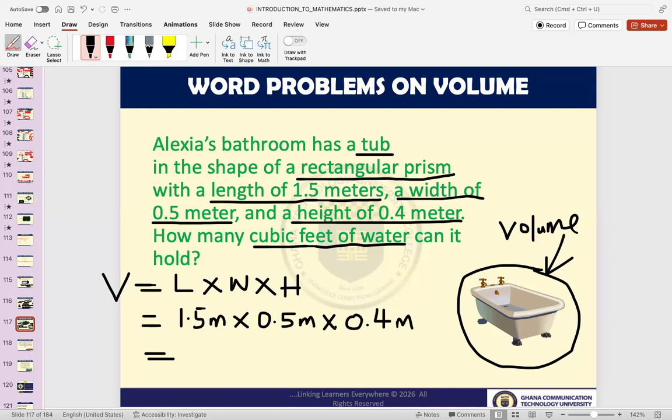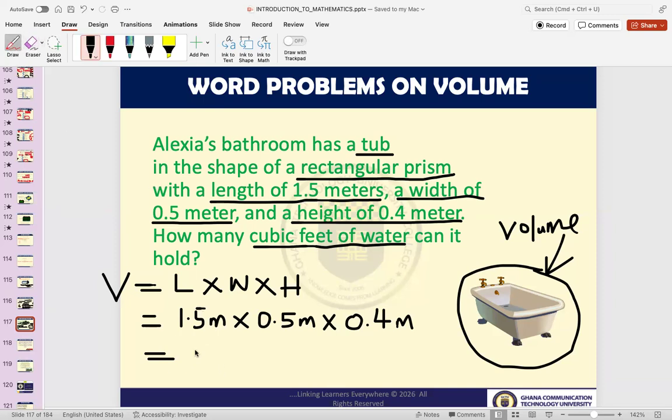Abraham, what are you getting? Or anybody? 1.5 by 0.5 by 0.4. What are you having on your calculator? So I have 3 over 10. Yes, 3 over 10 is the same as 0.3.